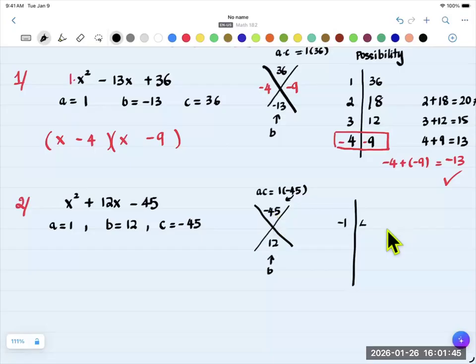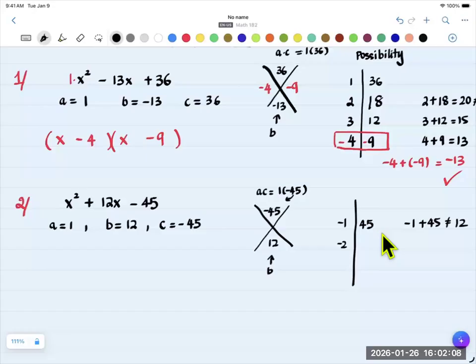Positive 45. Then we quickly add these two numbers to see if they give you 12. Obviously, -1 plus 45 is not positive 12, so we skip that and move on.